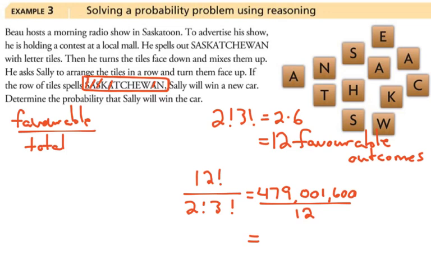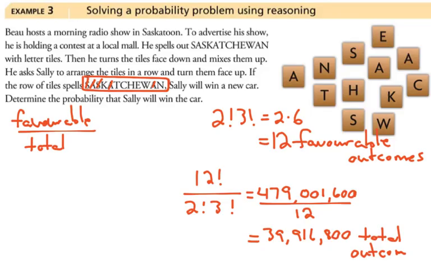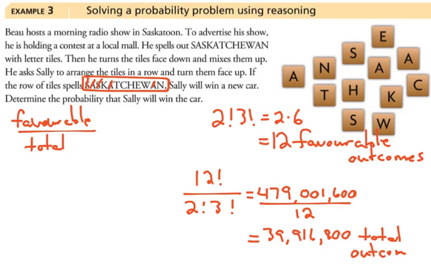Divide that out, 39,916,800 total outcomes.